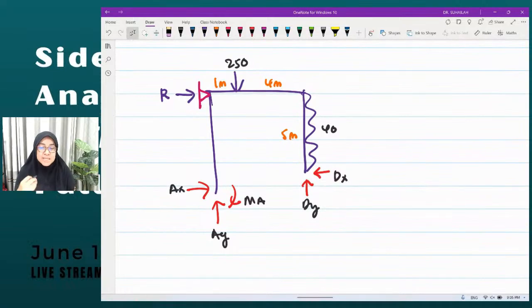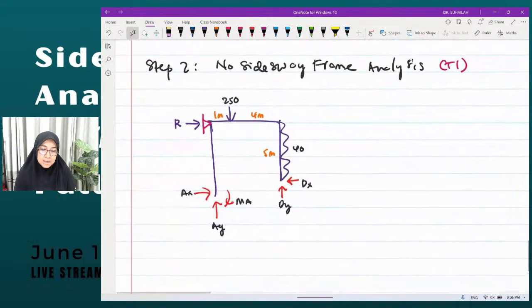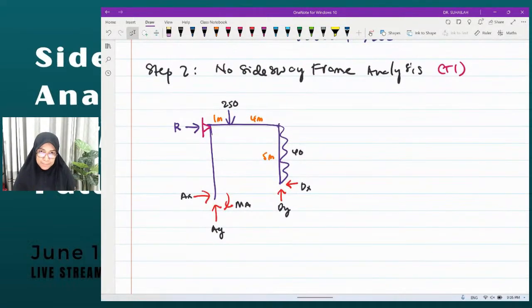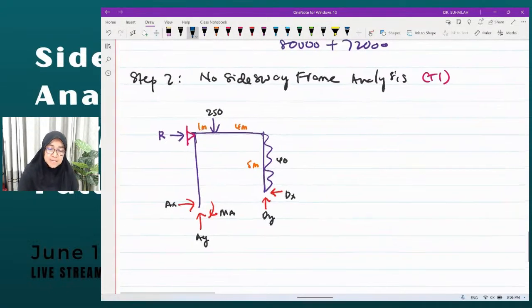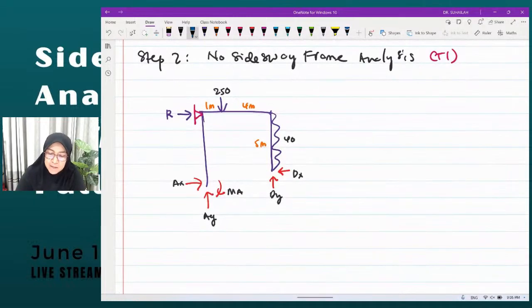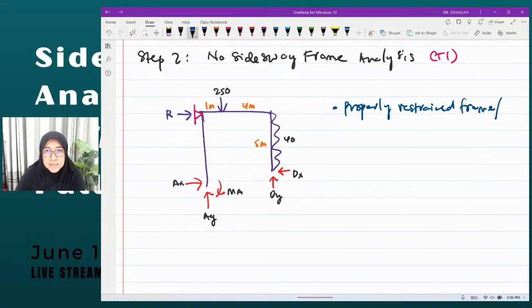So this is the no SIDESWAY frame. This frame is a properly restrained frame, or sometimes we can also use the term fully restrained.